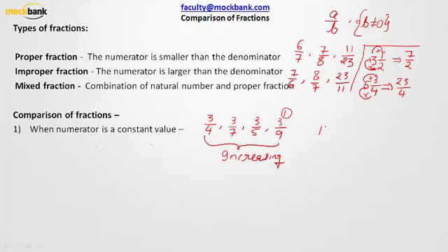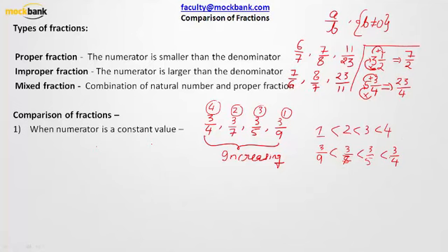So I'll write 1, 2, 3, 4, meaning 1 is less than 2, less than 3, less than 4. What I'm trying to say is 3 over 9 is less than 3 over 7, less than 3 over 5, less than 3 over 4.